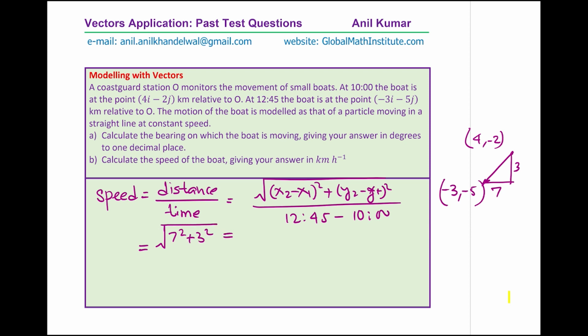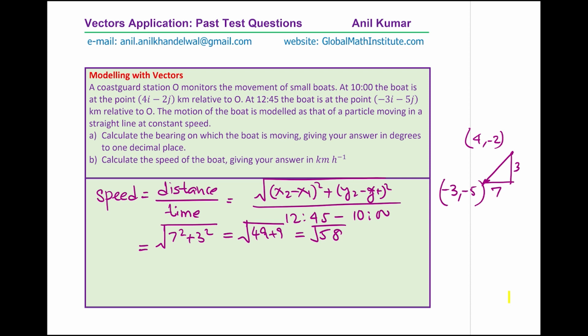Is that clear to you, right? So we can calculate this value, 49 plus 9, which is what? 58, square root, correct? So that becomes the distance.